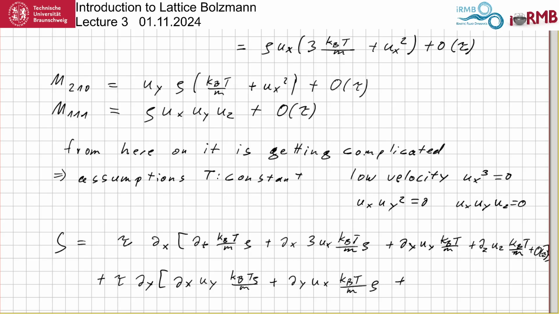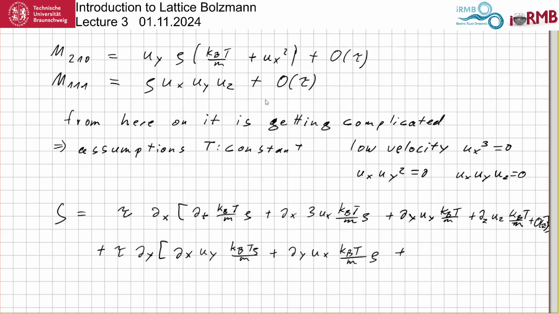Also, the derivative in z is disappearing. The reason why this is not disappearing is because in M211 we have u_y times a constant. And now we also have u_y times this, and this is third order. This will disappear.